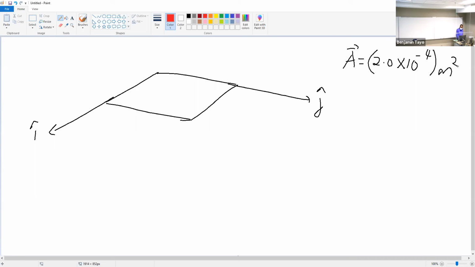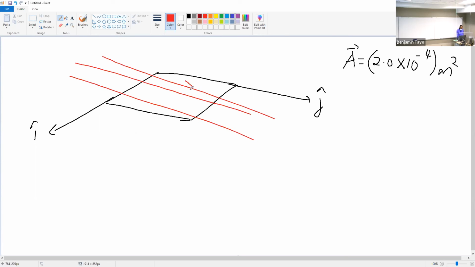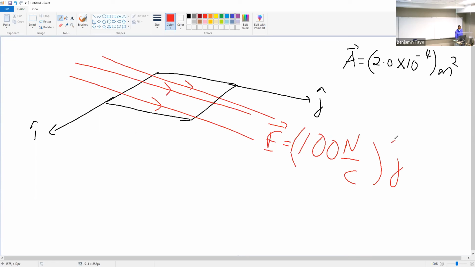Now, see what is going to happen. What if my electric field vector was pointing like this, such that the electric field vector is equal to 100 pointing in the J hat direction?